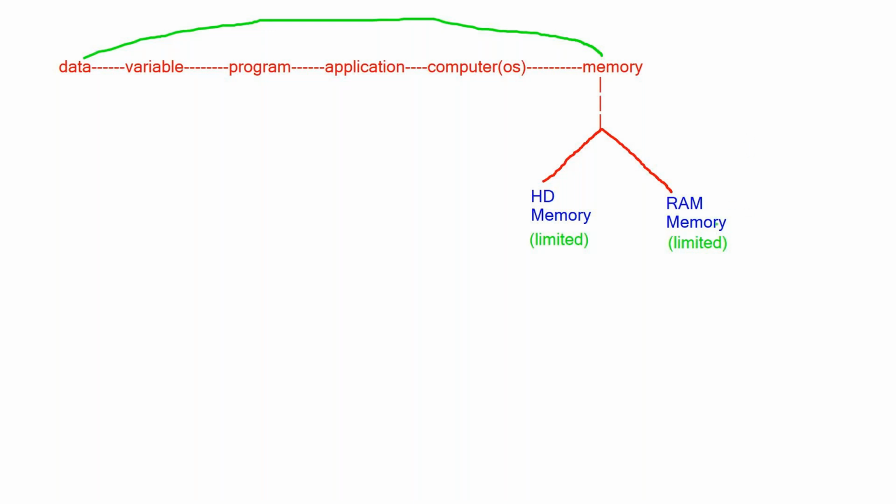In a similar way, when computer memory is limited, we should not waste it. The data that you represent in your program should not consume computer memory unnecessarily, and Python is very strict about memory management.